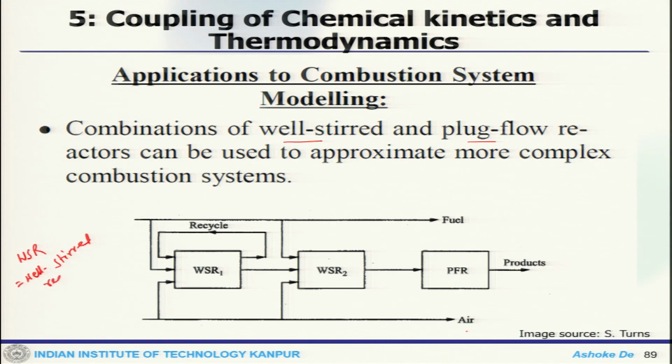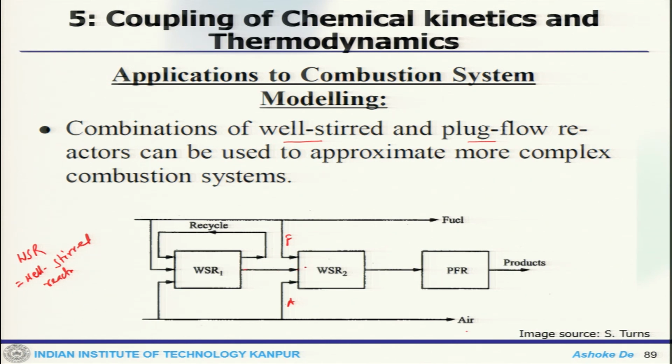This is the first WSR, where fuel comes in, air comes in, and some combustion product comes out. It gets into a second well stirred reactor, where again some amount of fuel and some amount of air goes in along with this combustion product.